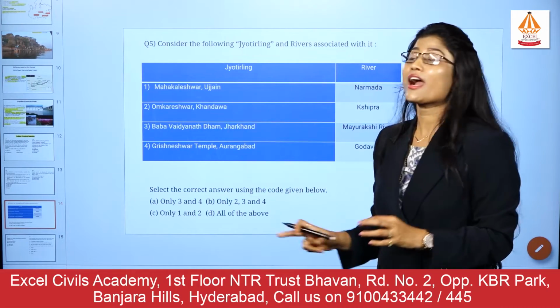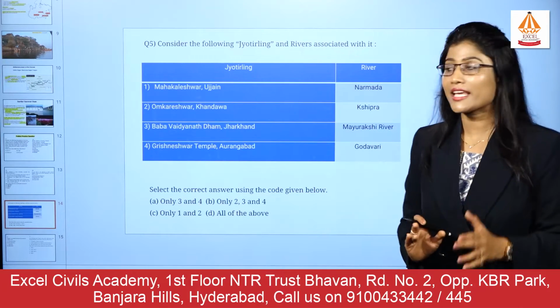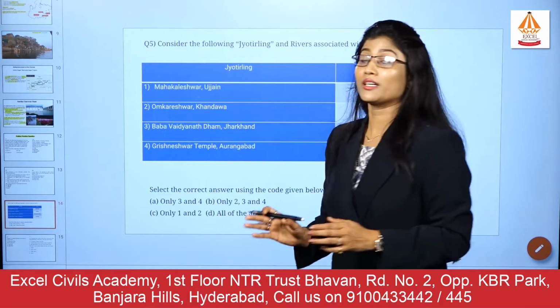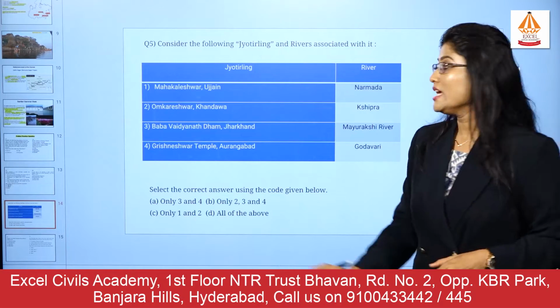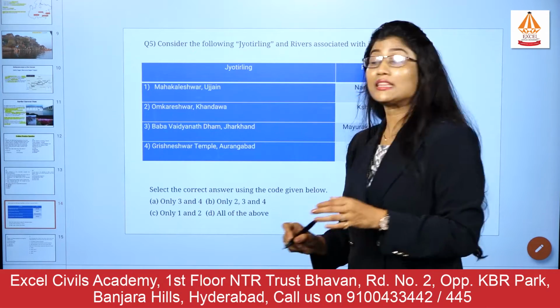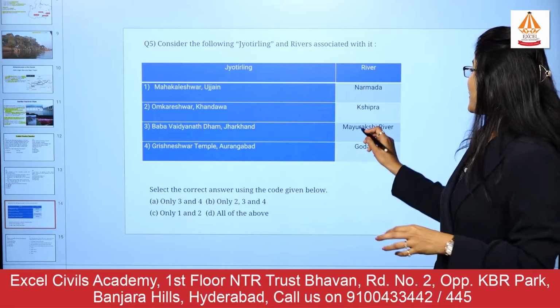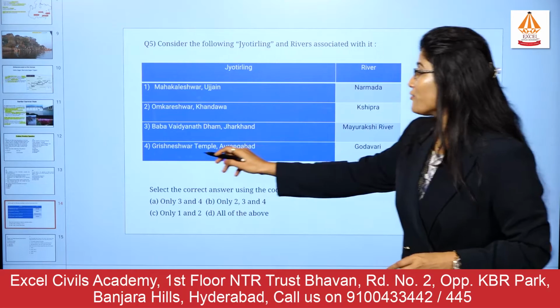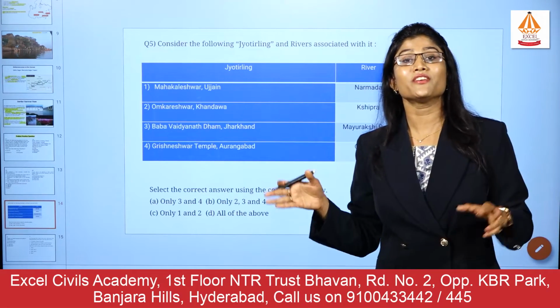The first is Mahakaleshwar from Ujjain, located on the River Narmada. The second is Omkareshwar from Khandwa, paired with the river Kshipra. Third is Baba Vaidyanath Dham from Jharkhand, paired with the Mayurakshi river. And the fourth is the Grishneshwar Temple, Aurangabad, located on the river Godavari.